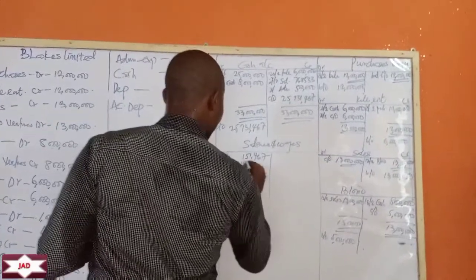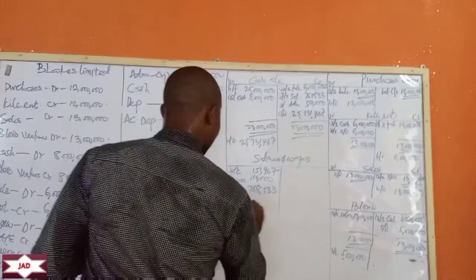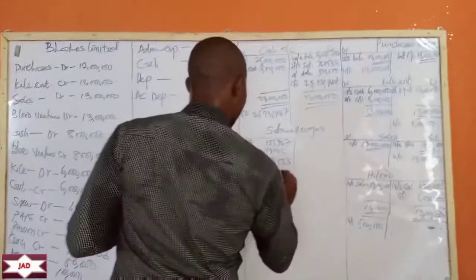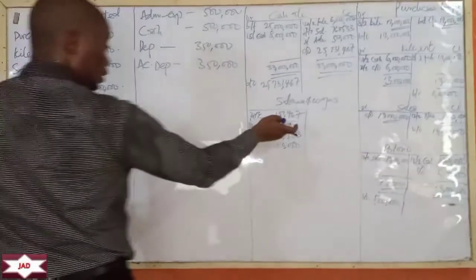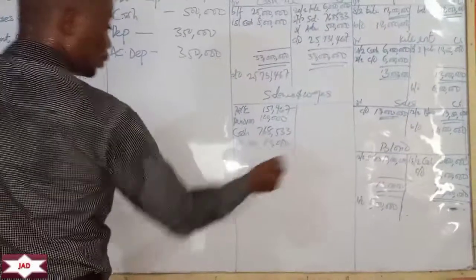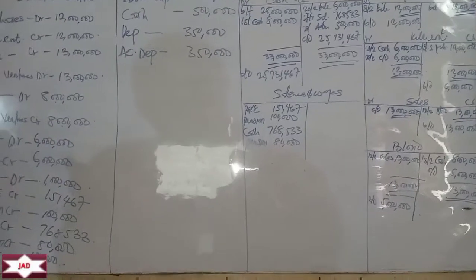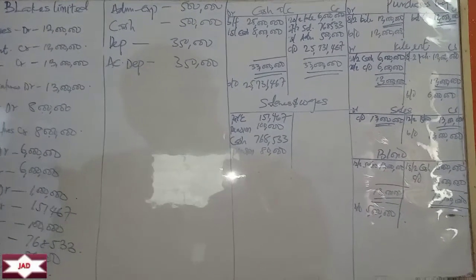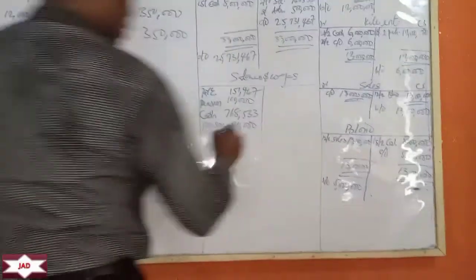So we have 100,000. Then the other one for the what? Employer. So the employee now can come in. Do you understand? So this is for the employer, this is for the employee. Right? So plus 80,000. So that's what? 1,100,000.